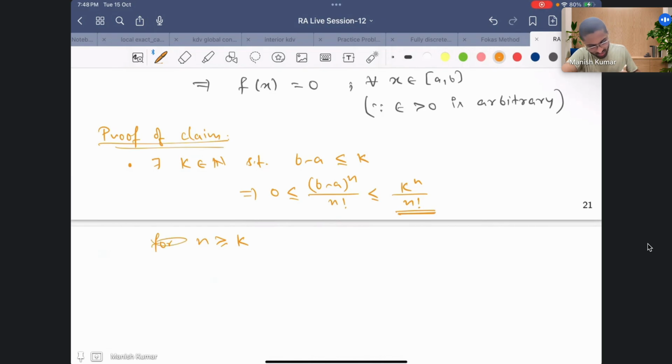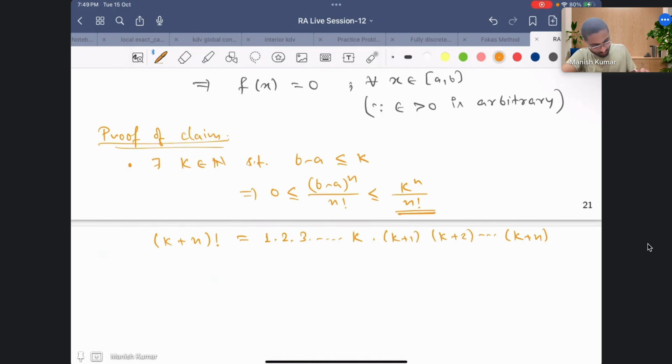So let's try to expand k plus n factorial, where n is a natural number. How will this factorial look? It is 1 times 2, 3, till k, then k plus 1, k plus 2, up to k plus n.